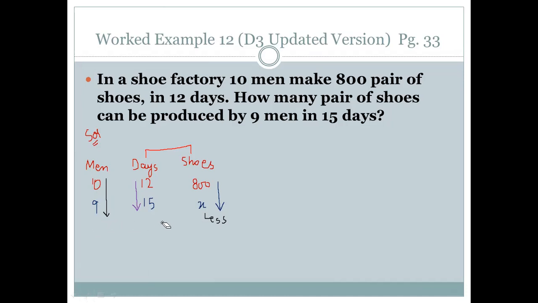Now here I'm going to erase all. By mistake I have erased x over here. Now I hope these things are clear.